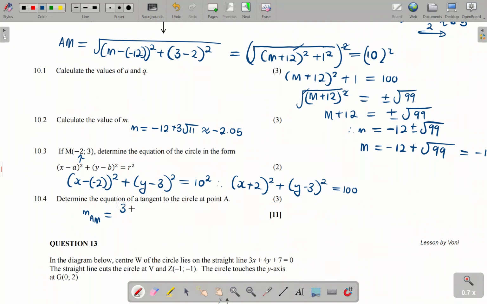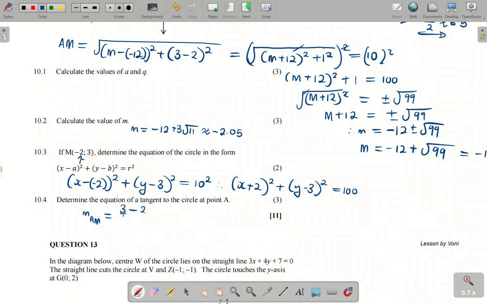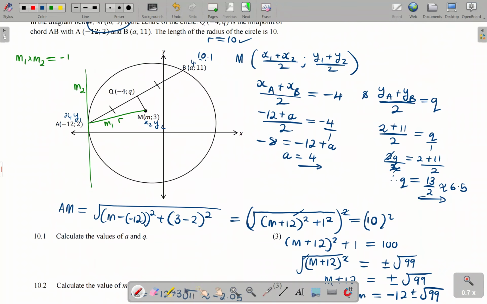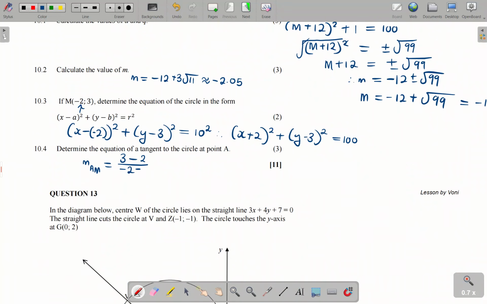So that's 3 minus our y1, which is 2, all over our x2, which is M, in this case -2, minus our x1, which is -12. So this is 3 minus 2, all over -2 minus -12. So I have 1 all over 10, so 1 over 10.